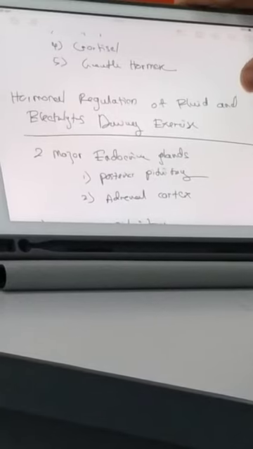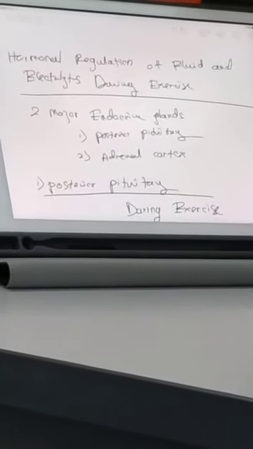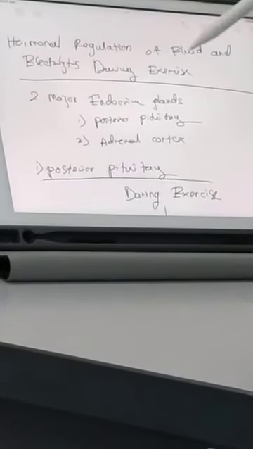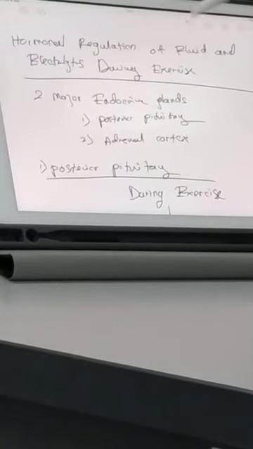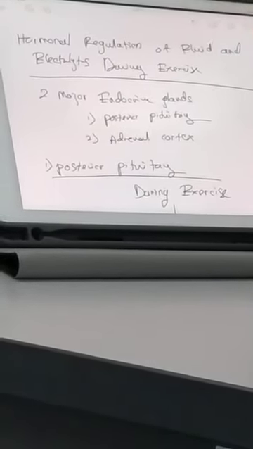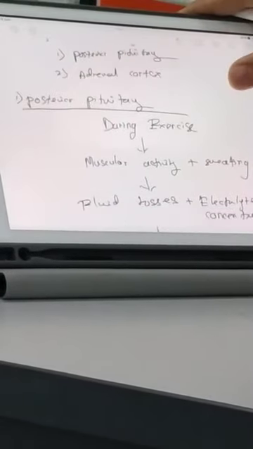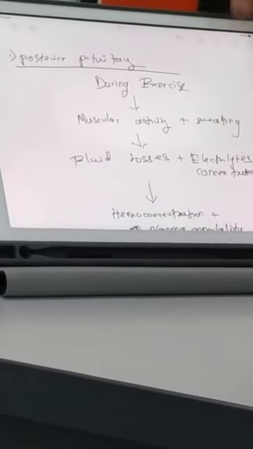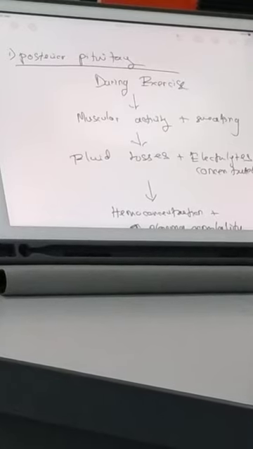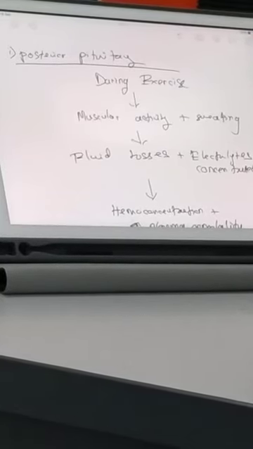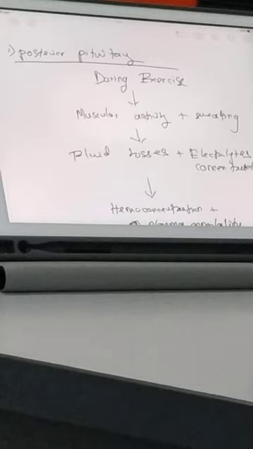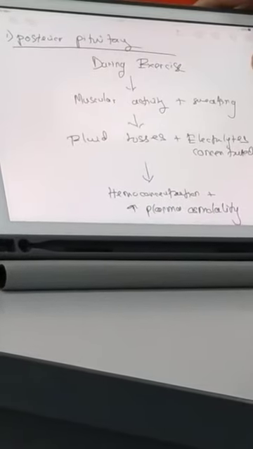For the fluid and electrolytes, there are two endocrine glands functioning in this process, which are the posterior pituitary and adrenal cortex. For the posterior pituitary, during the exercise, muscular activity increases and we produce a lot of sweat.